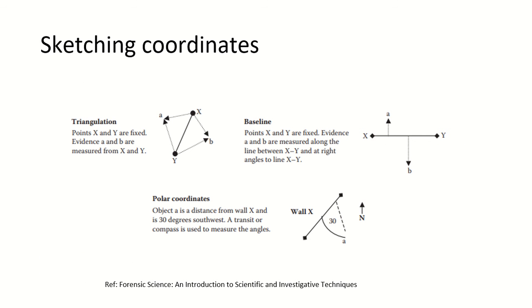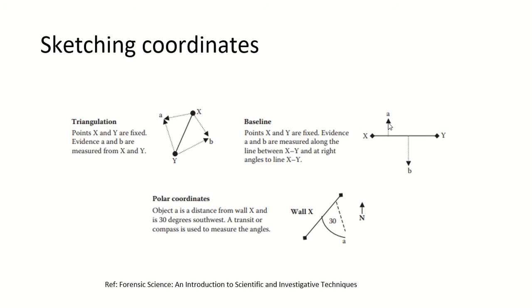In triangulation coordinates, the 2 points x and y are fixed, and the measurement of evidences is done on the basis of the distance of these points from x and y both respectively. In baseline coordinate method, points x and y are fixed on a straight line, and the A and B evidences are measured along the line.